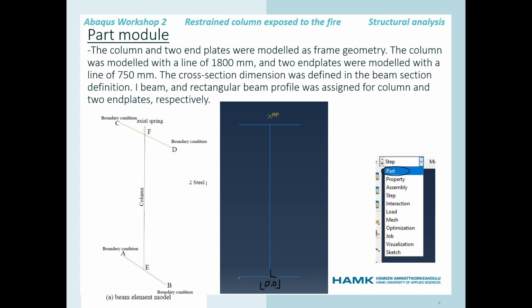And similarly for the plate, the total length of the plate is 750. Which means I will go from negative 375, 0 to the positive 375.